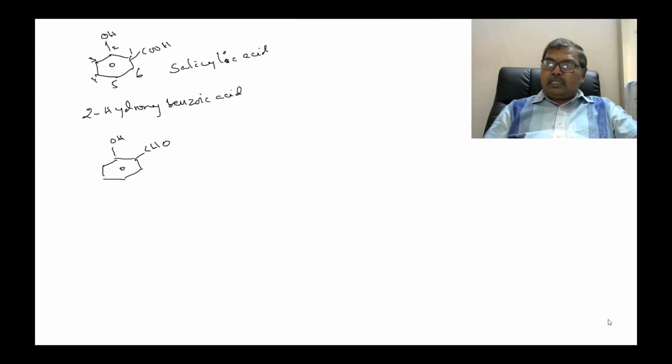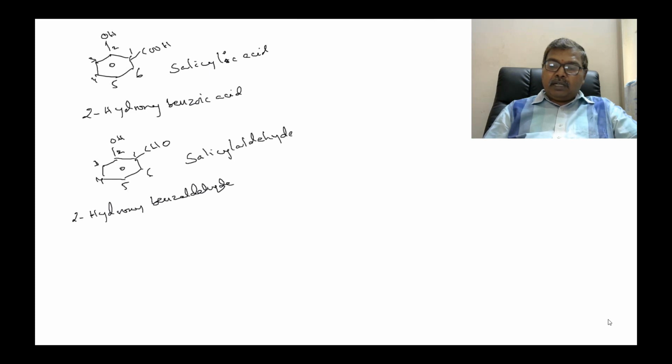So it is a benzaldehyde, first carbon, second carbon OH group substituent, 3, 4, 5, 6. Therefore, it is 2-hydroxybenzaldehyde. Right? Important common name is salicylaldehyde.